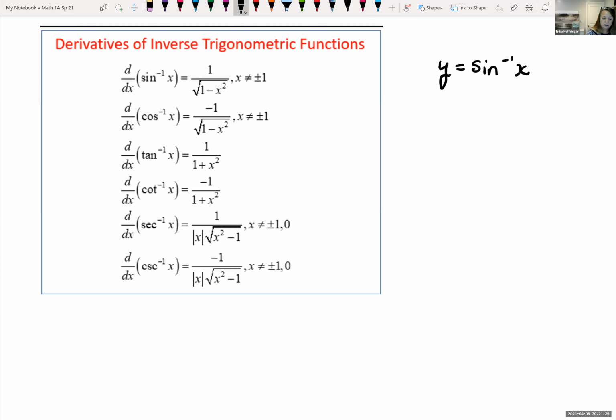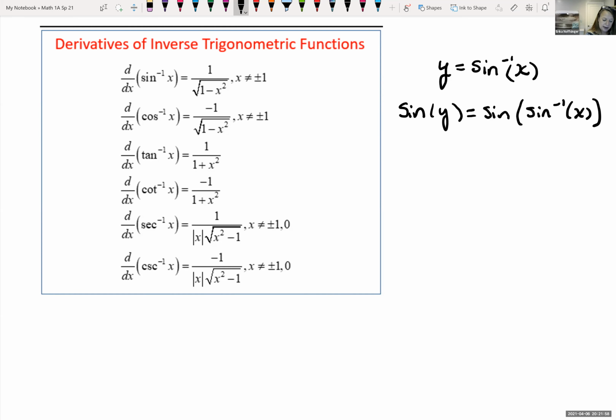So let's use the fact that if we take a composition of a function and its inverse, we just get back that argument, what you're taking this function of, in this case, x. So let's take sine on each side. So sine of the left-hand side, so sine of y is equal to sine of sine inverse of x.